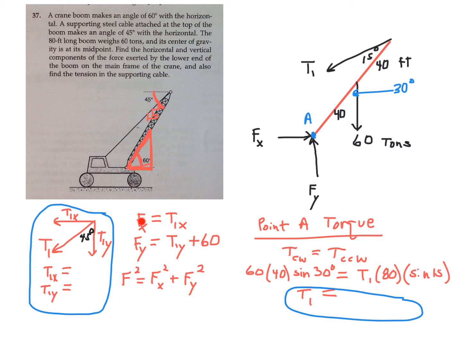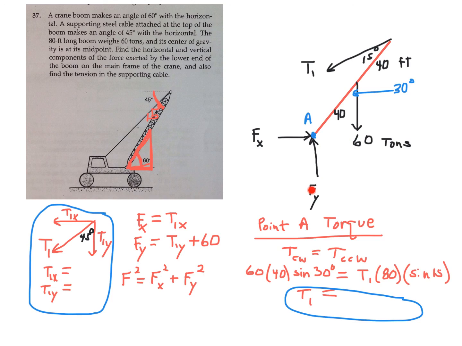It's just saying to find the components. And then up and down, T1 has that also component, the y component pulling down. It'll be pulling down a little bit, pulling down from this point. I have that right here. And the 60 tons is down. And the only upward force is Fy.